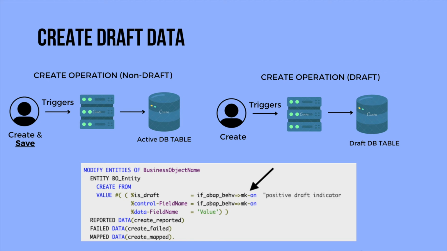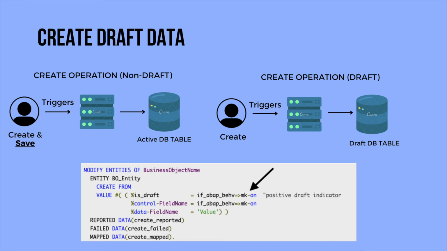Let's say we are in a non-draft mode, in a normal application without draft handling. What would happen? The user will click on the create button, and you need to enter the basic information, whatever columns are required to create.